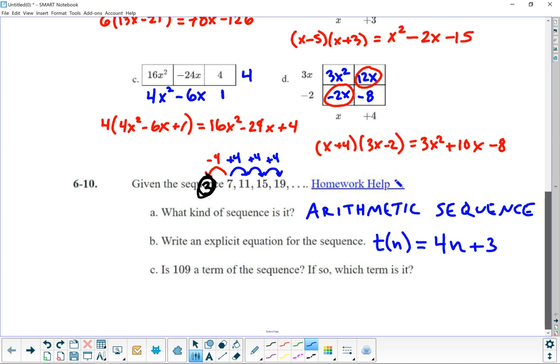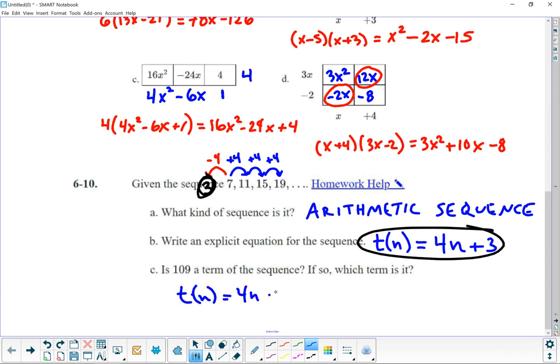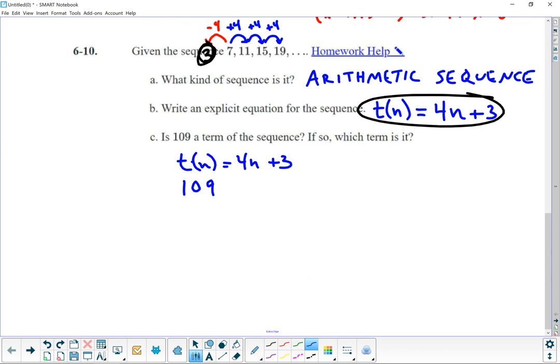Okay, last one. Is 109 a term of the sequence? If so, what term is it? So when you have this written out, you're going to utilize that. We're going to utilize t of n equals 4n plus 3. And we're going to say, if 109 is part of that, then we're going to be able to solve for n. So now you just have to solve.